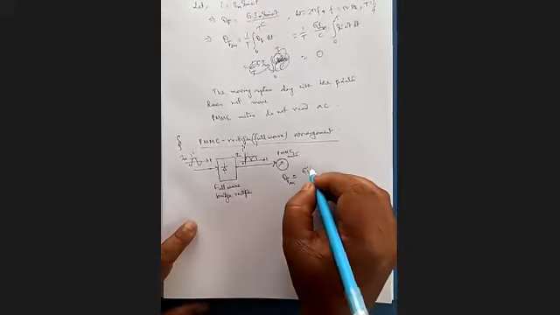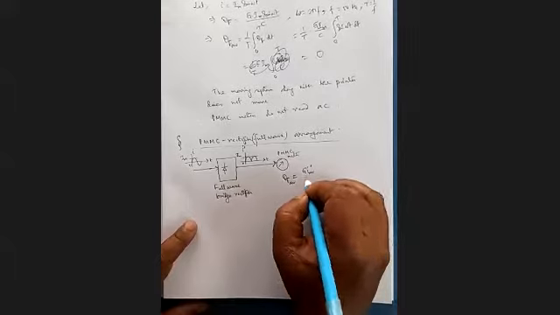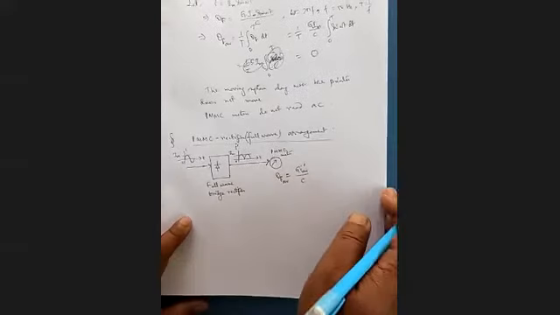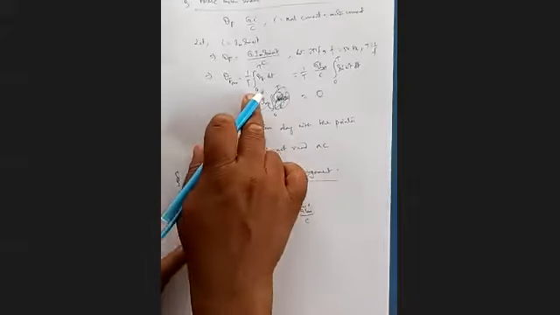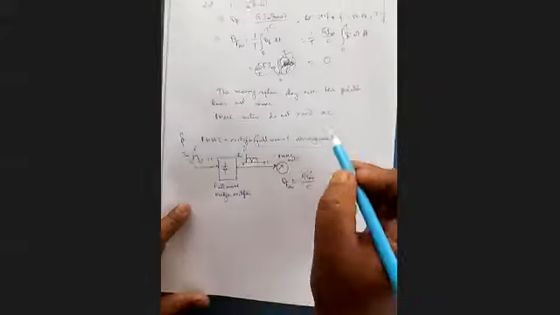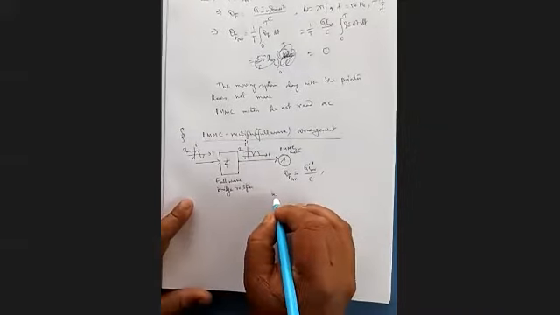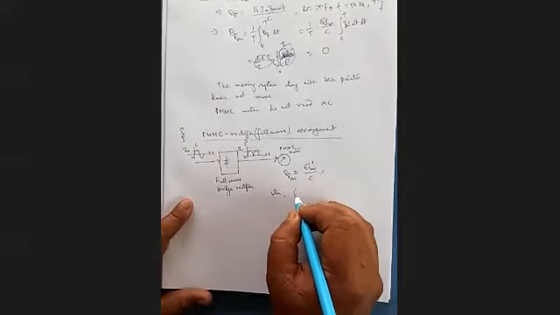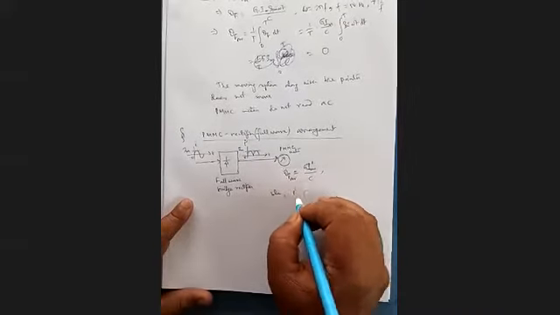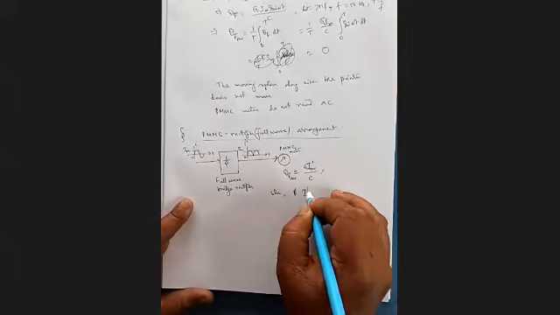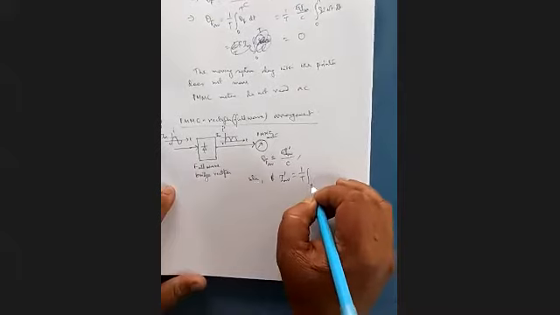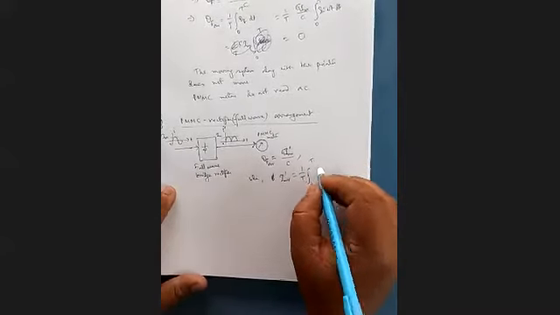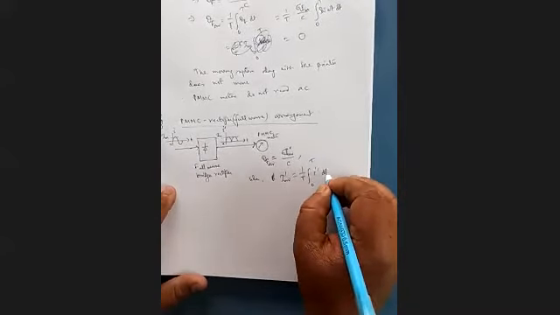That average value of deflection will be G I dash average by C. So it will read the average value, where I dash average is equal to 1 by T integration 0 to T of I dash dt.